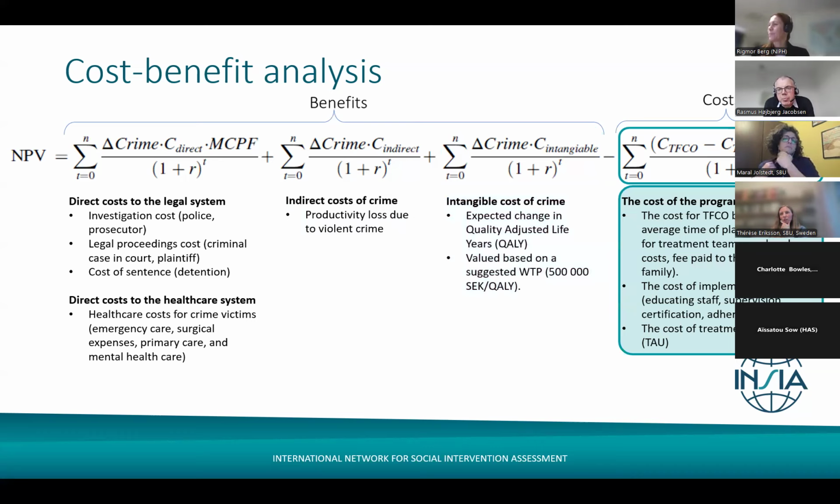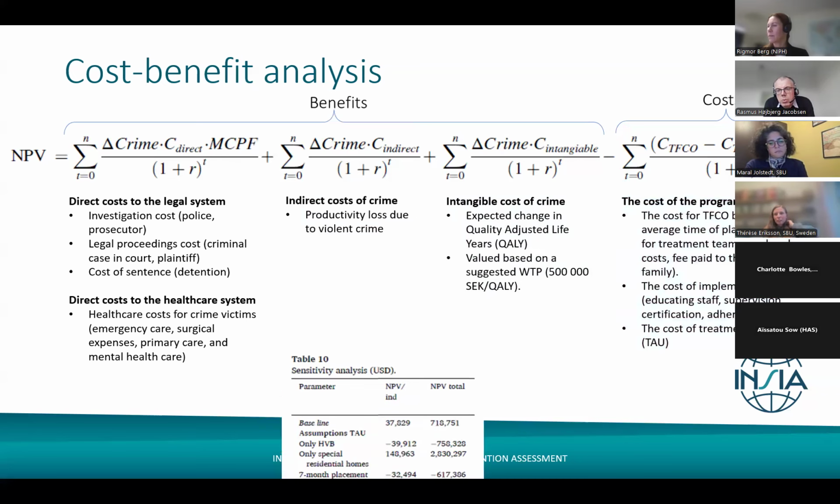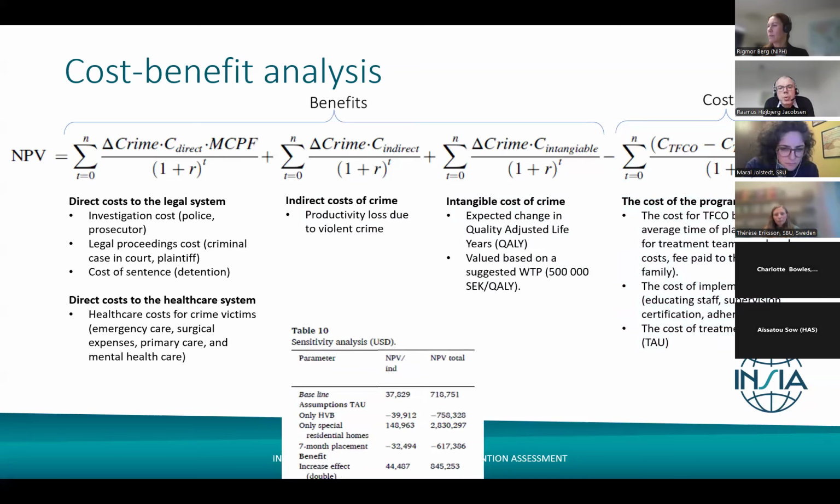Then we have the cost side. They take into account the cost of the program, treatment foster care, and they also take into account what it costs to provide treatment as usual. The result is then, as I said, presented as a net present value.